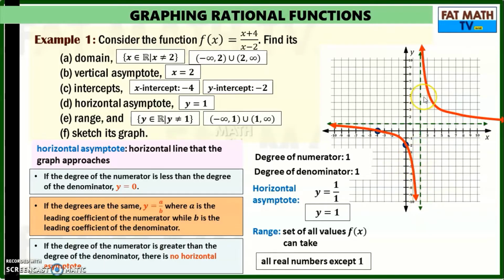Okay. And then as you move from the right here, your function will just approach x equals 2 but will never touch the graph. As you move to the right, it will just approach y equals 1 but will never touch it.